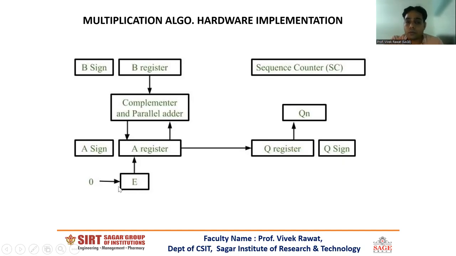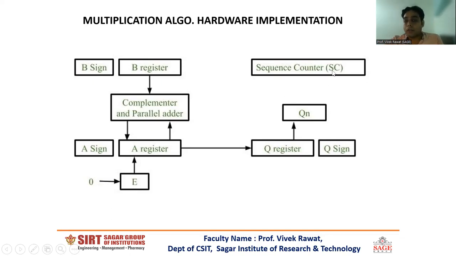Why do we need to take memory for the extended flip-flop? Extended flip-flop means when we multiply two numbers, we have some carry digits. Suppose I multiply two numbers, say 12 and 10. When I multiply these numbers, I have some carry digits. The carry digits will be saved in the E flip-flop, that is called the extended flip-flop.